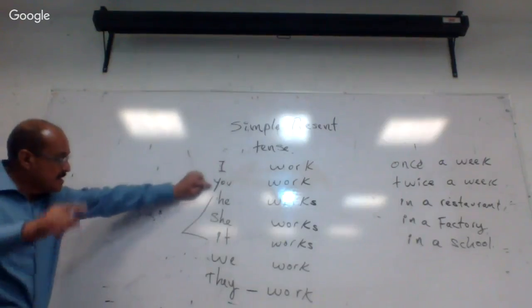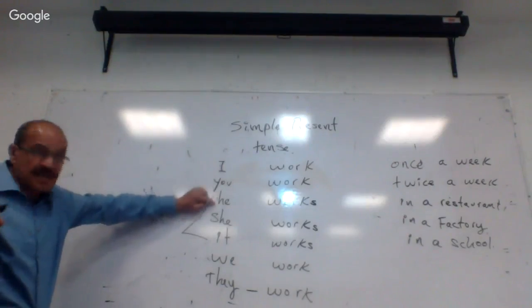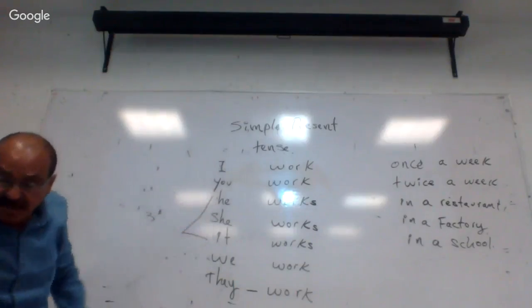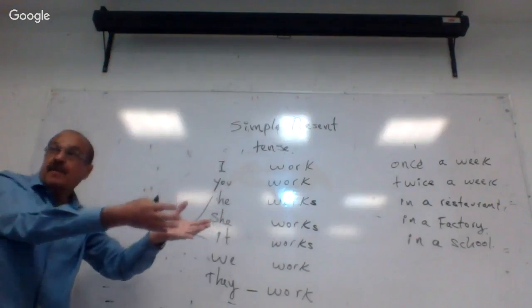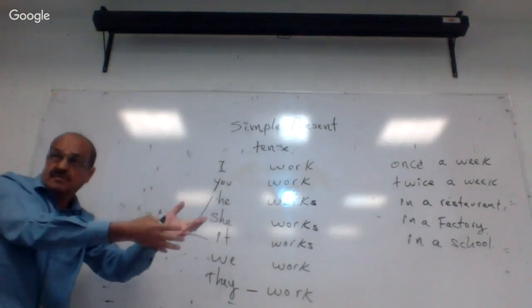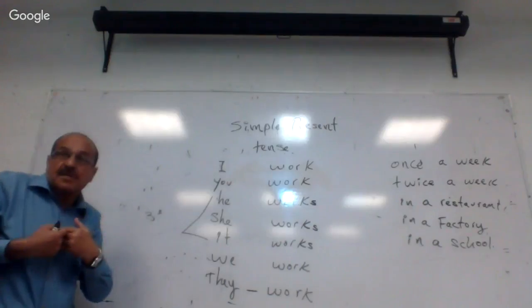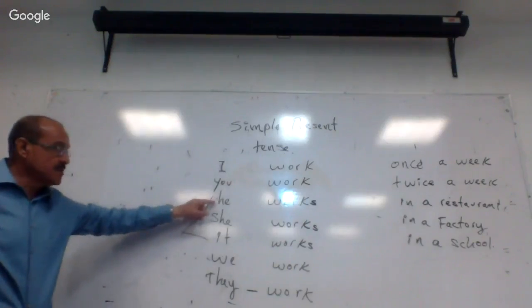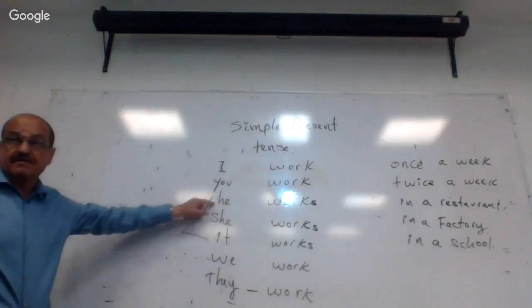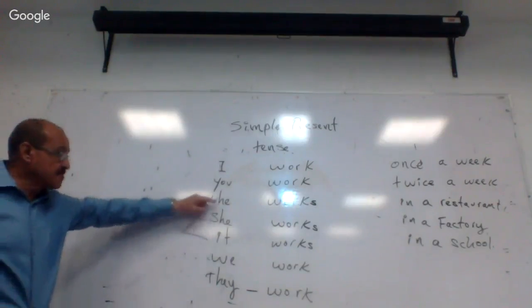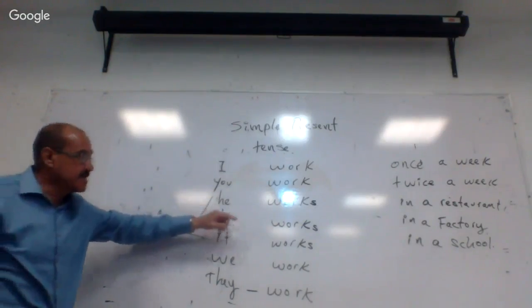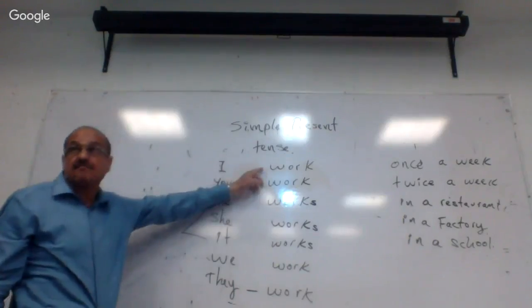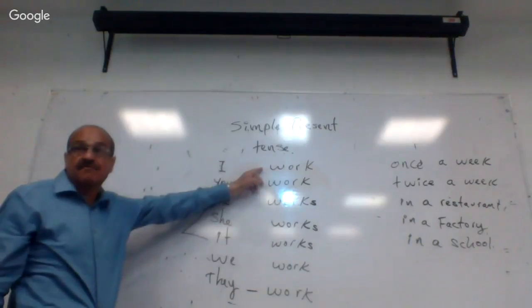I, you, he, she, it, we, they. Personal pronouns. Okay? We don't use George. This is George. If you prefer to change for a personal pronoun, you can say he instead of George. Work. This is the verb, the action of the sentence.